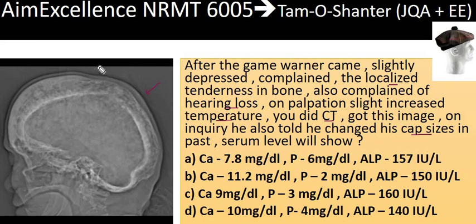This particular CT scan view is known as the scout view. It is a preliminary view before doing the contrast enhanced CT scan, but it actually gives a pretty clear idea about the pathology.